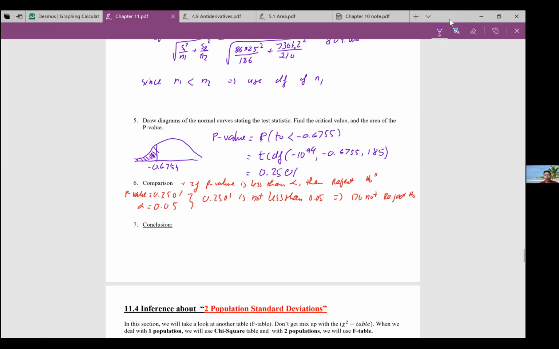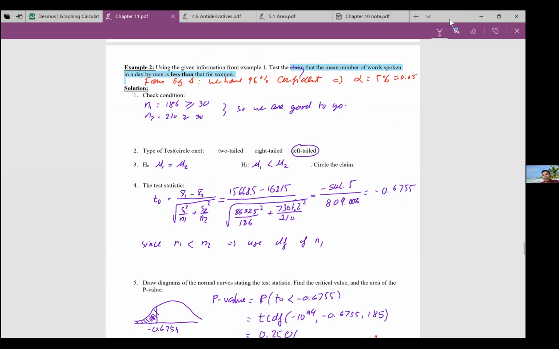Conclusion is where we state the claim, right? What's the claim? The claim is the mean number of words spoken in a day by men is less than that for women. So we don't have enough information to support that claim, right?